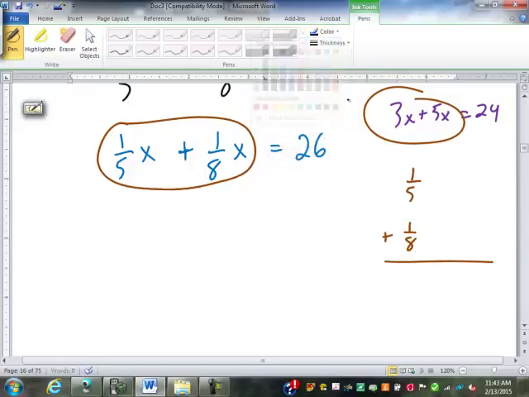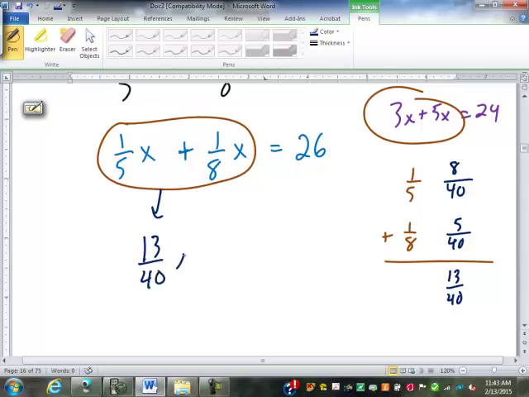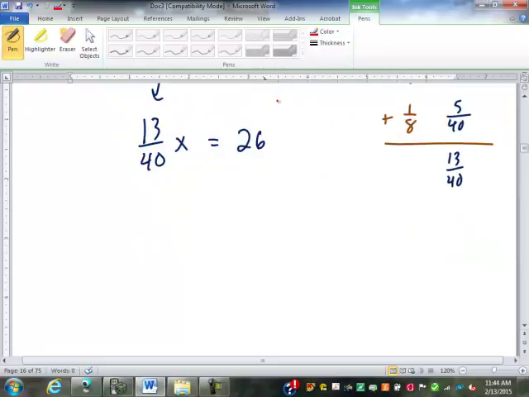If you have the fraction calculator, you can do this really quickly. Otherwise, doing it by hand, we need a common denominator of 40. So we get 8/40 and 5/40 for 13/40, which means this combines to be 13/40 x equals 26. From there, all we have to do to solve is divide by 13/40.